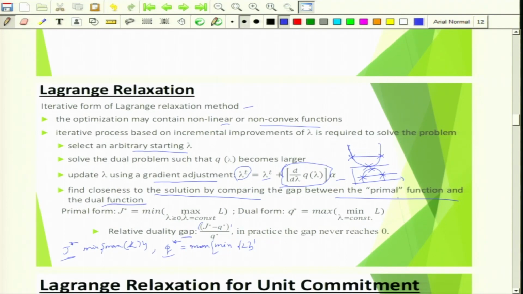So what we are eventually doing, we are trying to find out how closely or how tightly the dual and primal functions are coupled to each other. Let us say for a specific value of lambda, this is the primal function J star, and you are plotting with respect to lambda, because lambda we are keeping constant in both the dual as well as primal form, right.